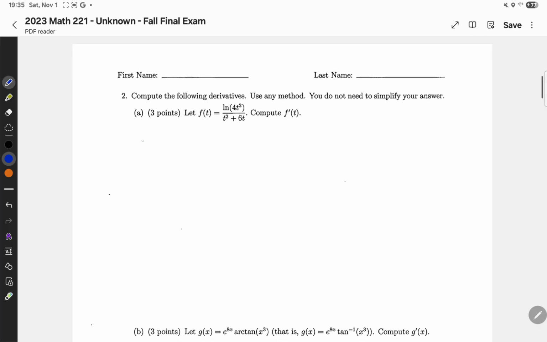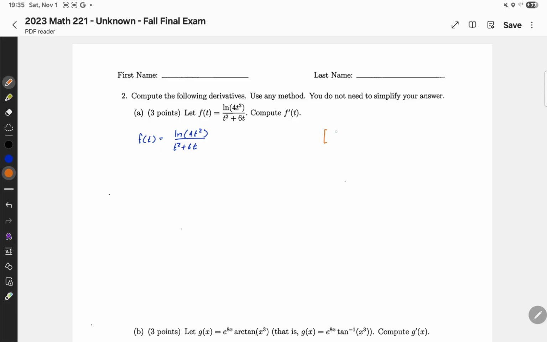So we have that f of t is equal to natural log of 4t squared over t squared plus 6t. So this is just going to be a pretty standard quotient rule application, so I'll just write that over here in case you forgot.